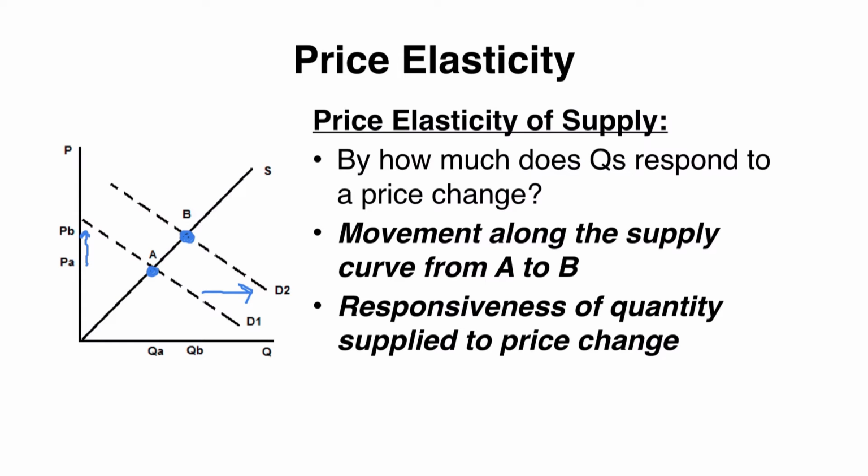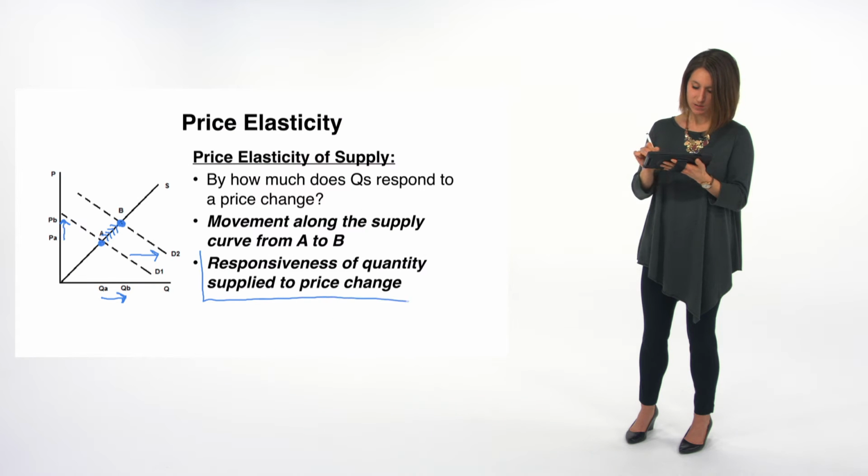That upward pressure on the price stimulates a movement along the supply curve from point A to point B. As we go from equilibrium A to equilibrium B, we observe a higher price of the good, the price has increased, and a greater equilibrium quantity of the good. So when we're looking at the price elasticity of supply, we're trying to quantify the movement along the supply curve from point A to point B. Specifically, we're trying to understand the responsiveness of quantity supplied to a price change.